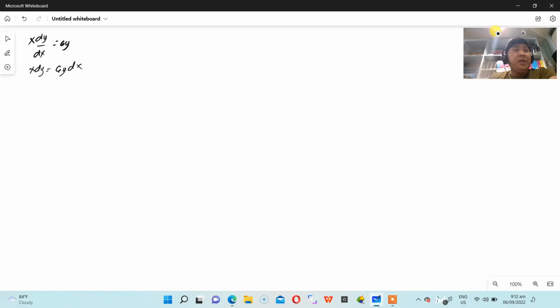So from here, on this side we have x, on this side we have y. What we need to do is to transfer this y to the other side and transfer the x to the other side. That means we need to divide by x and divide by y, right? So therefore you have x dy over xy equals 6y dx over xy.